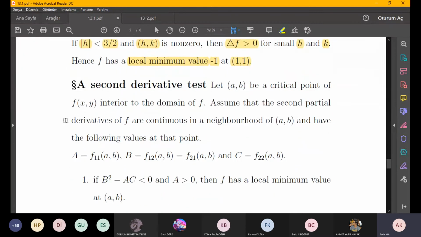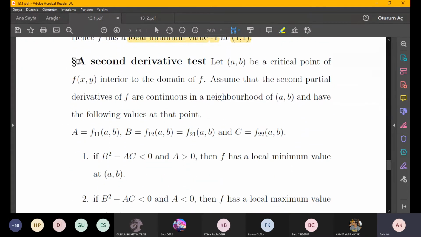We generally use the test that we call the second derivative test. It is much easier to conclude actually. So let (a, b) be a critical point of our function, interior to the domain of f, and assume that the second partial derivatives of our function are continuous in a neighborhood of that critical point and have the following values at that point.